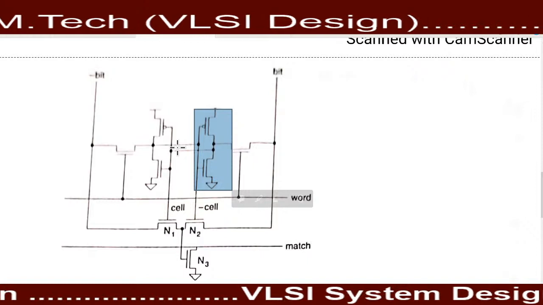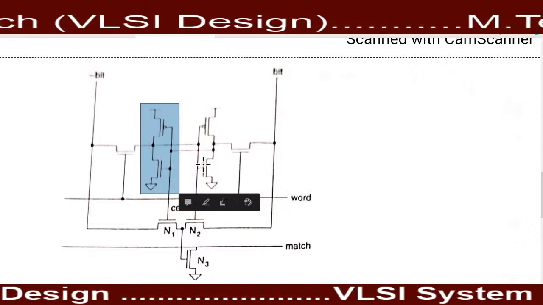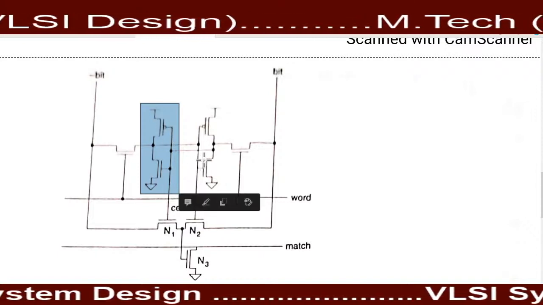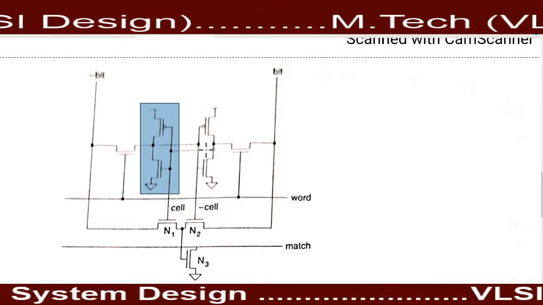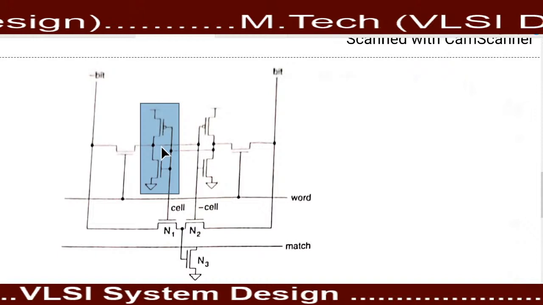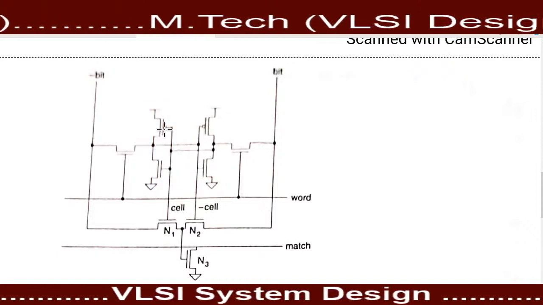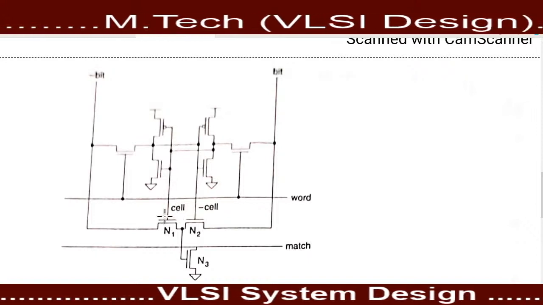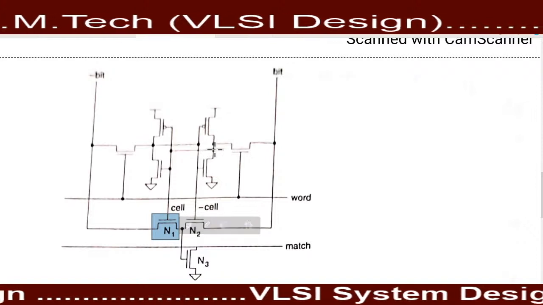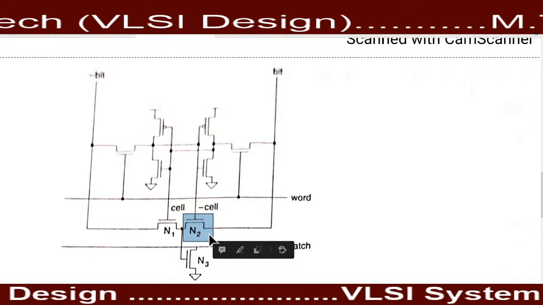So for making a CAM memory, we need two inverters. One is connected on this side, one on this side, and the output of this inverter is provided as an input of the other inverter, and vice versa. But the output of the first inverter is also provided as an input of this N1 transistor, and the output of the second inverter is provided as an input to this N2 transistor.